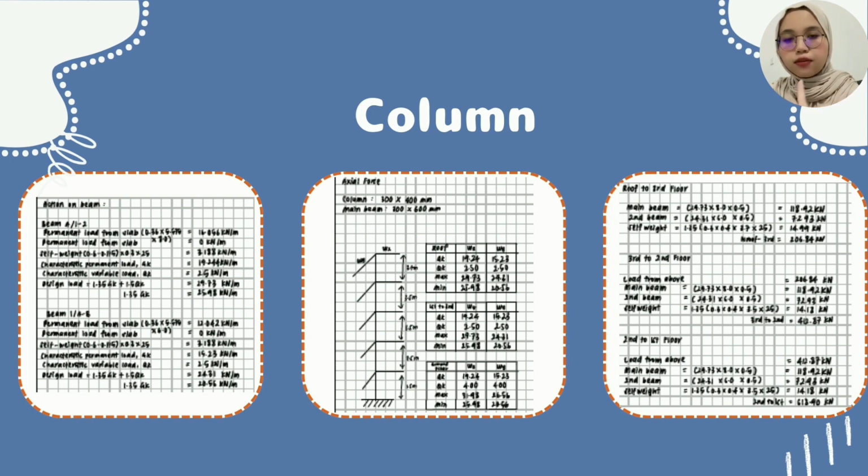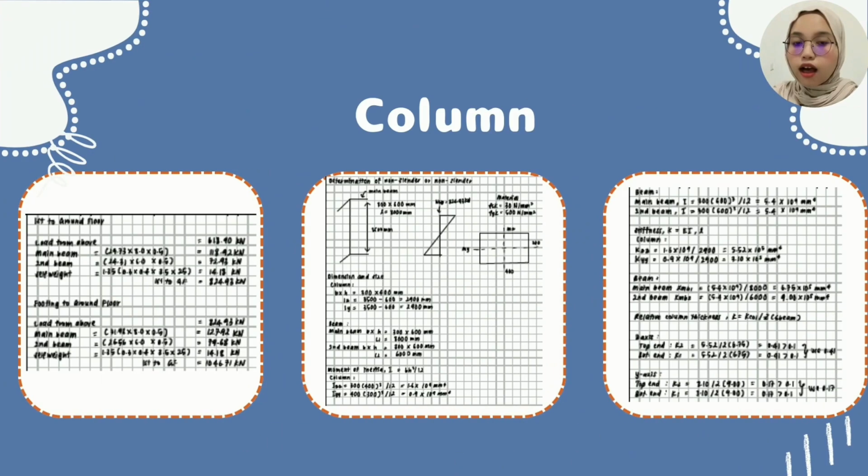After calculating all the actions, I need to identify the maximum action and also the minimum action for the floors to calculate the axial force for all floors. I repeat the steps by calculating everything from the roof down to the ground floor column, so that I will know every load from the roof to the third floor, second floor, first floor, and ground floor. After that, I need to identify whether this corner column is non-slender or slender.